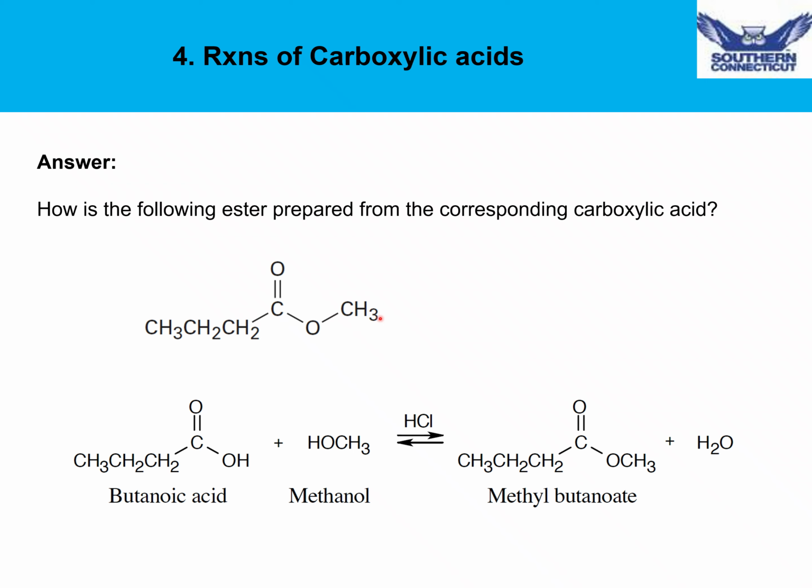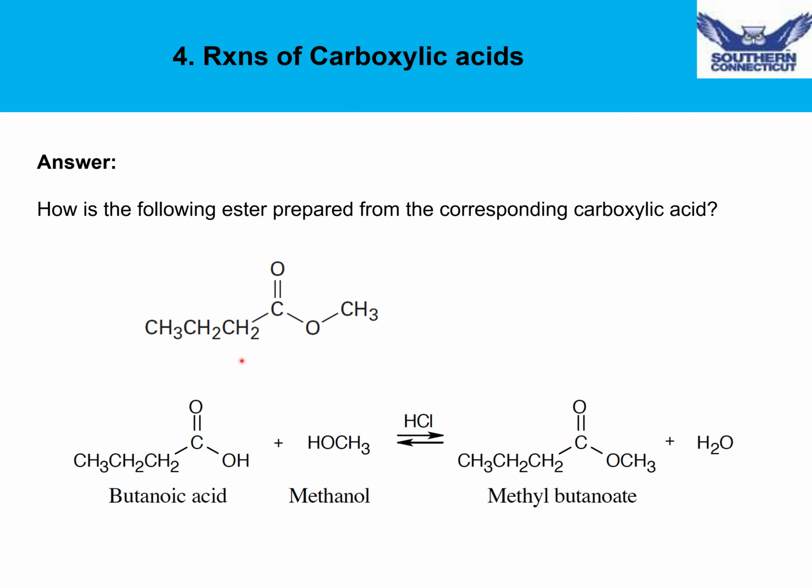So one of them was the Fischer esterification. The other one was with DCC. And then the first one we looked at was taking a carboxylic acid, adding base and an alkyl group through an alkylation reaction. We can pretty much use any of the 3 reactions in this example, since the question is not very specific.